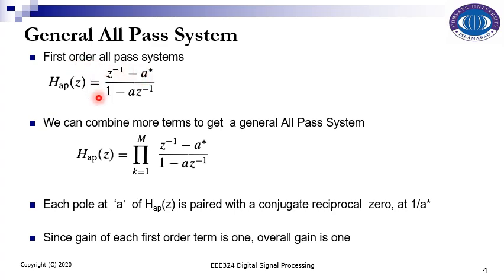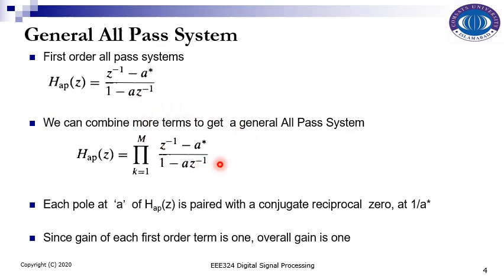This simple system is a first order system, and the degree of z inverse is 1. So it's a first order all pass system, and we can combine many more terms of this form, as many as we like, and we can form an mth order general all pass system. We could combine more terms.